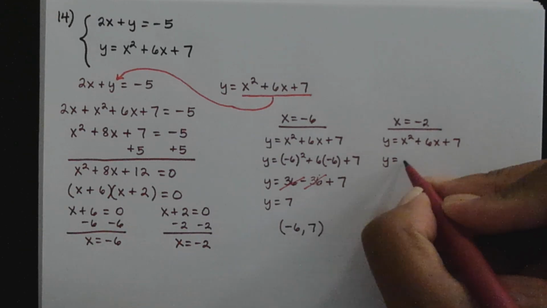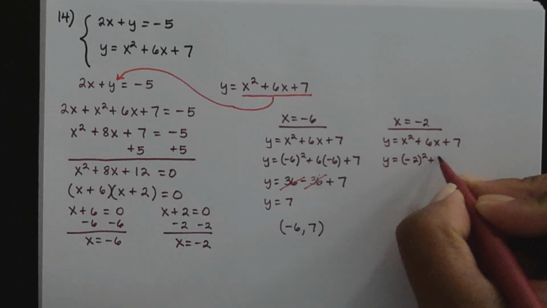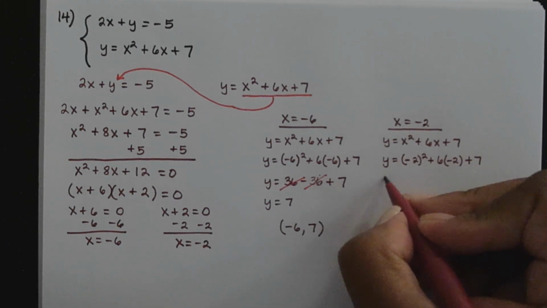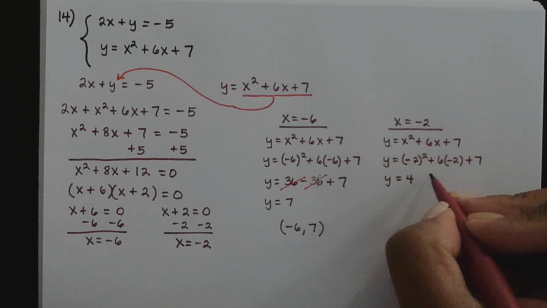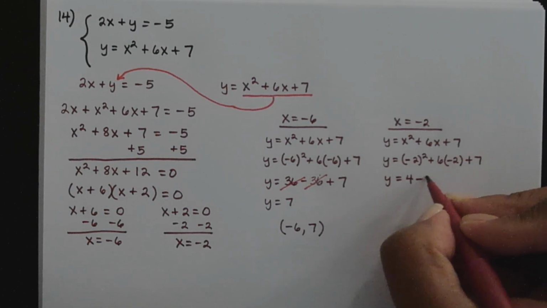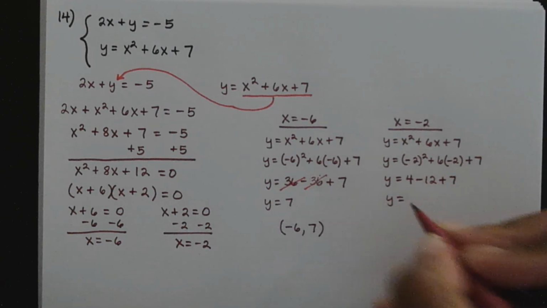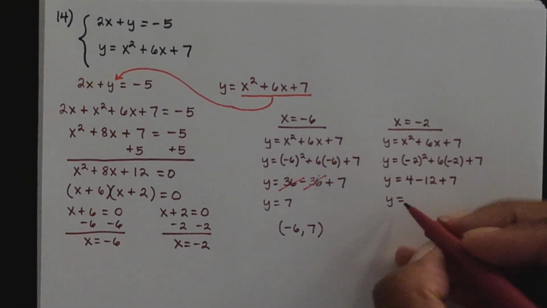So here y is equal to, and I'm replacing the x with negative 2, that'll be squared plus 6 times negative 2 plus 7. Square negative 2, you're going to get 4. 6 times that negative 2 would be minus 12 plus 7. And what's 4 minus 12 plus 7? Negative 1.